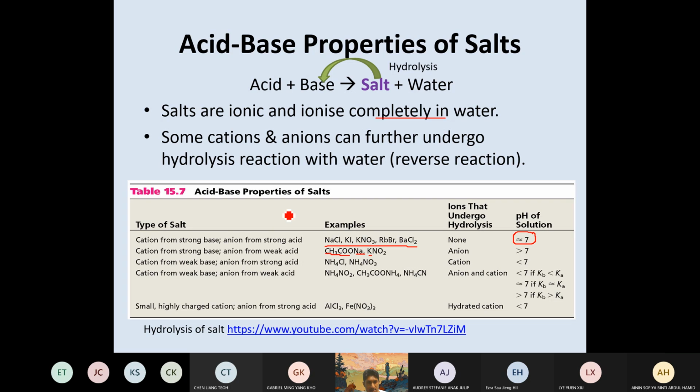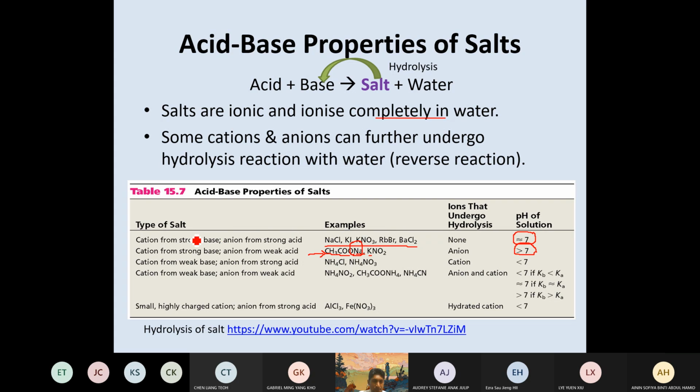So this salt is produced from a strong base and a weak acid. Since it is coming from strong base, their anion is much stronger, and that is why they will go for further hydrolysis and create a solution that is higher in pH, that means basic in nature.